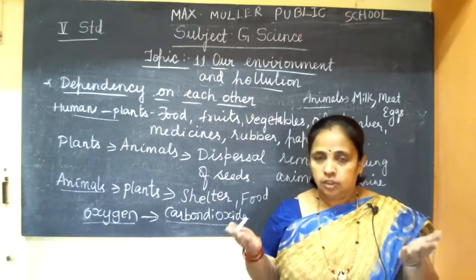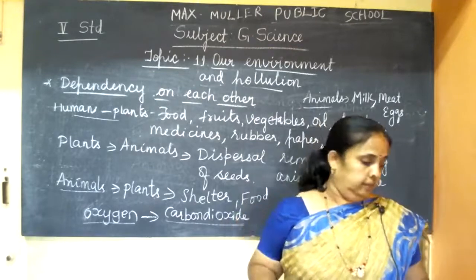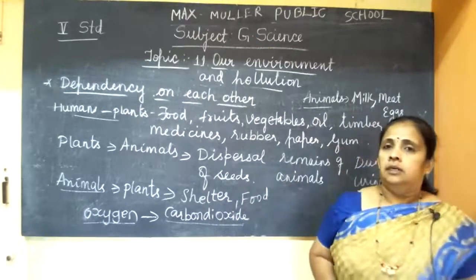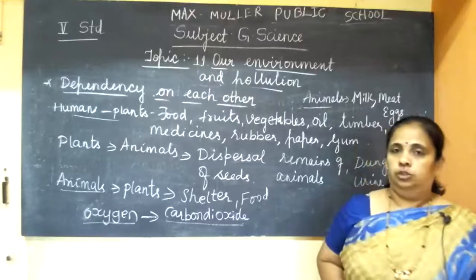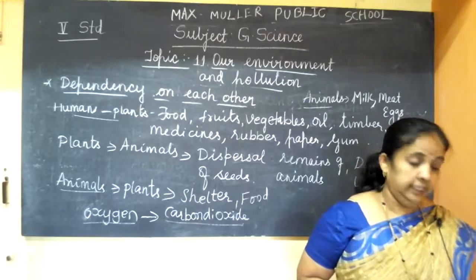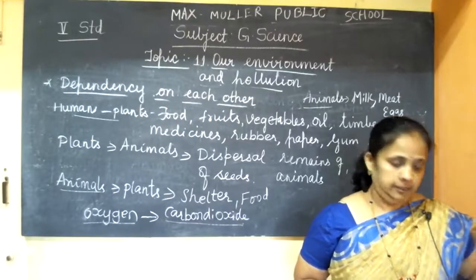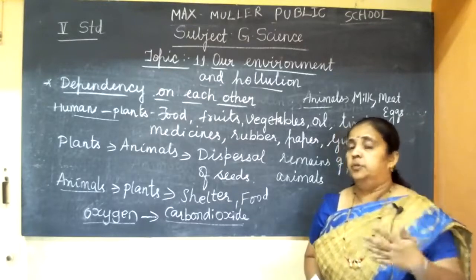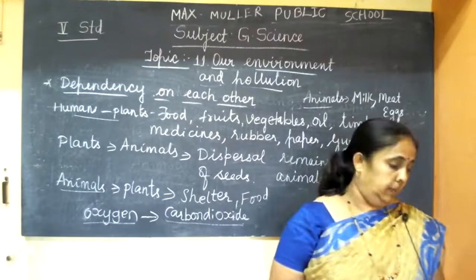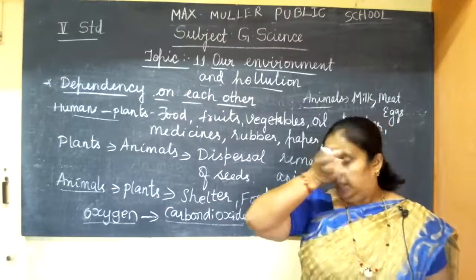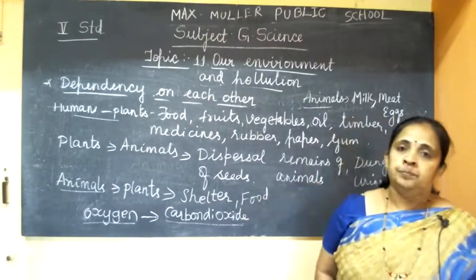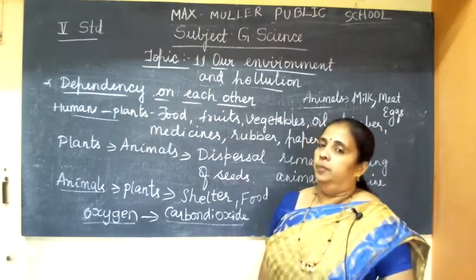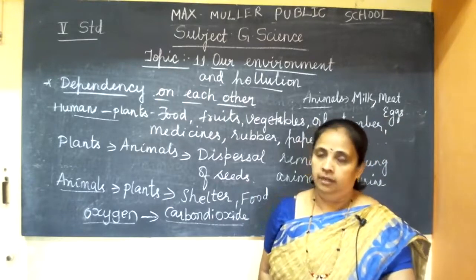So that balance should be maintained to keep the environment free from pollution, so that it will not get affected. So it will be our responsibility. It will be the main responsibility of the living beings, humans, to take care to maintain the balance of the environment.